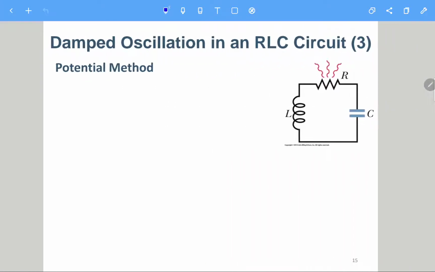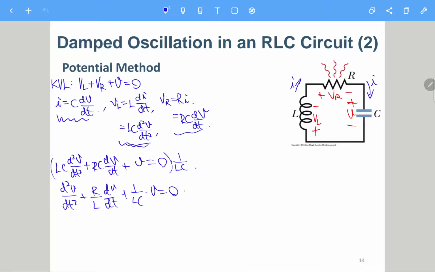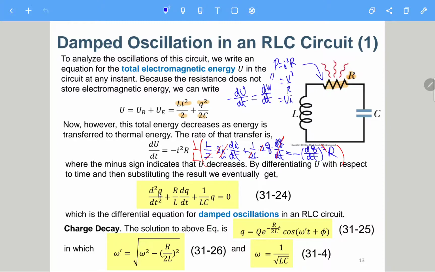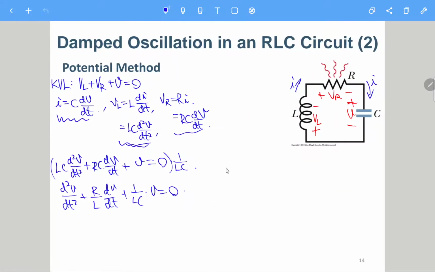As you know, we can still follow a similar procedure, so this is actually a second order ODE for the voltage, and it will also be correct for Q, for I, for VL, for VR, whatever.